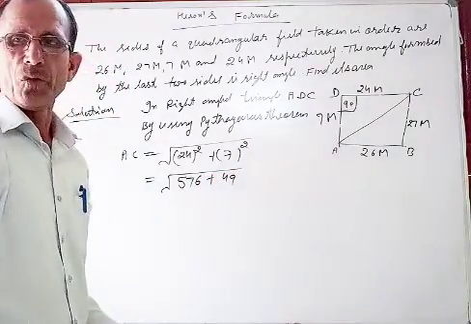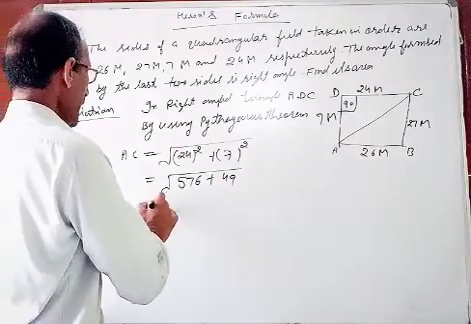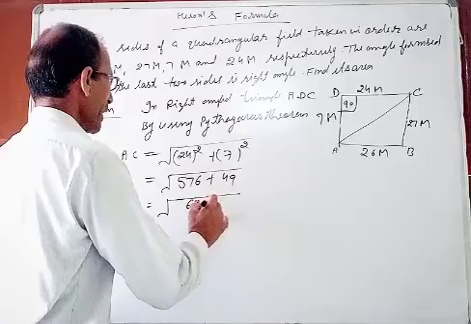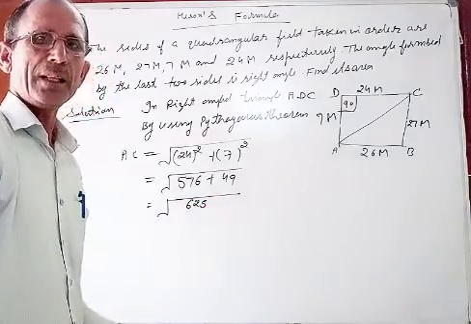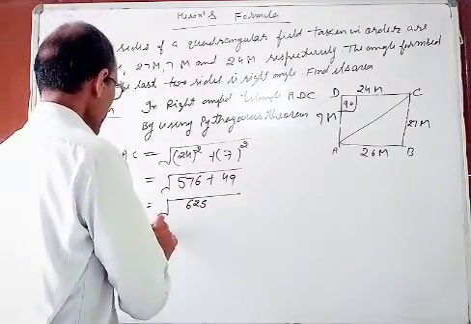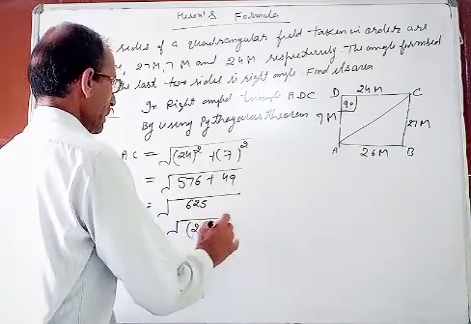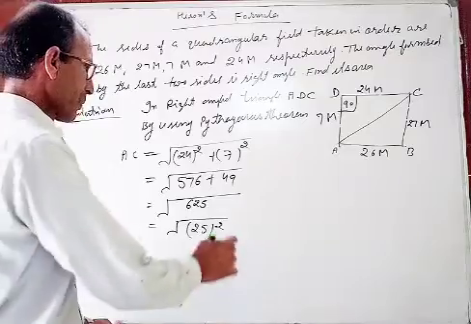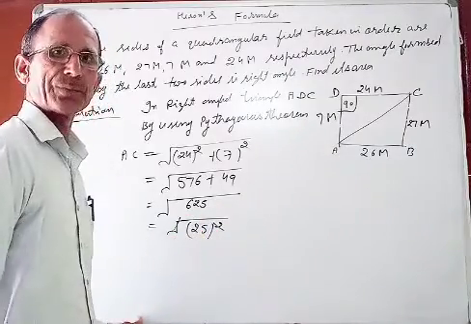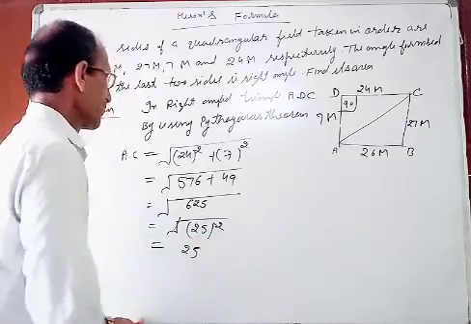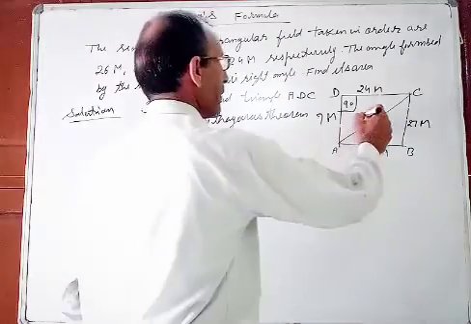Then 576 plus 49 is 625. 625 is the square of 25. Square cancels the square root. So the answer is 25. So AC is 25.